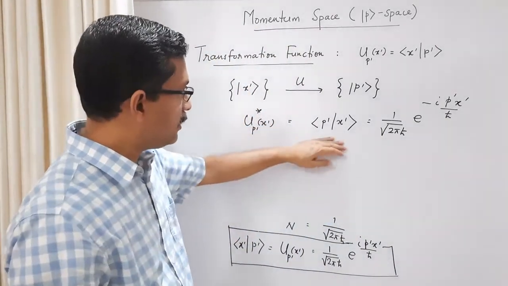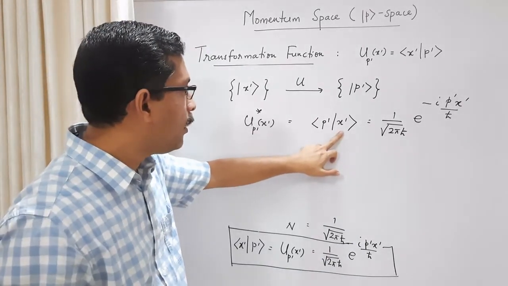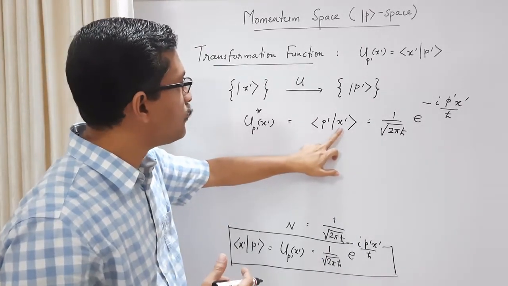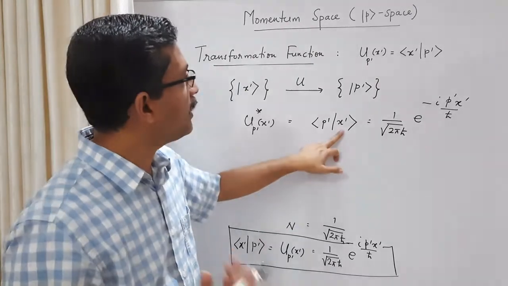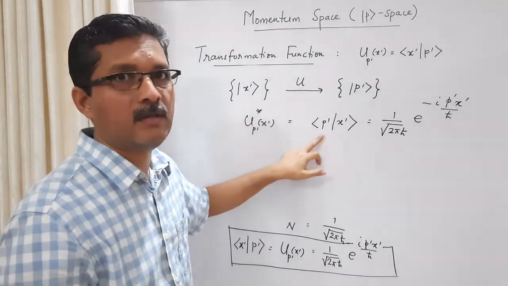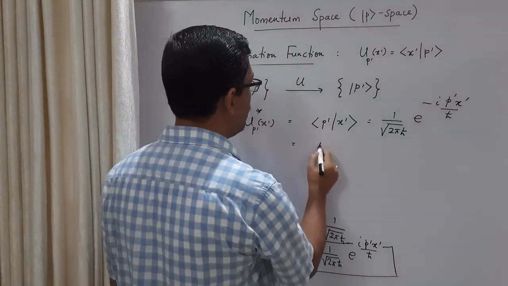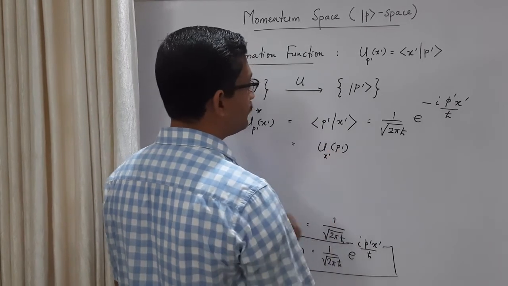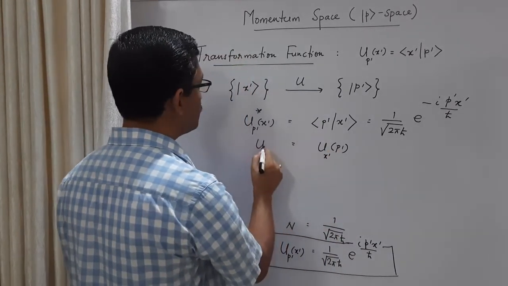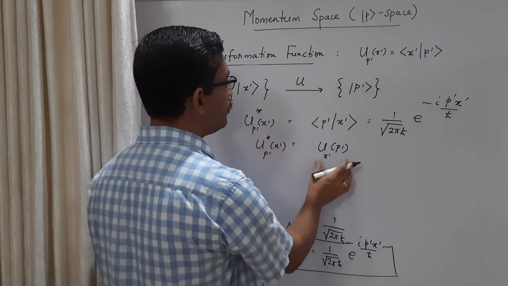But look at this. This can be interpreted as the component of the eigenkets of the position operator in the momentum basis, or we can say the eigenfunction of the position operator in the momentum basis, or we can use the notation u x prime p prime. So we have this result: u star p prime x prime is u x prime p prime.